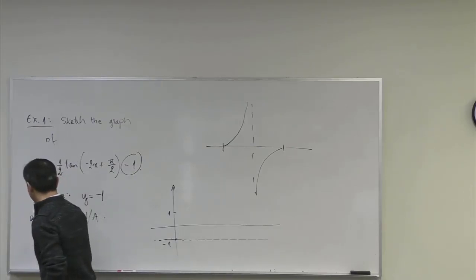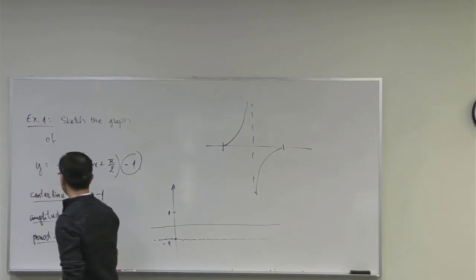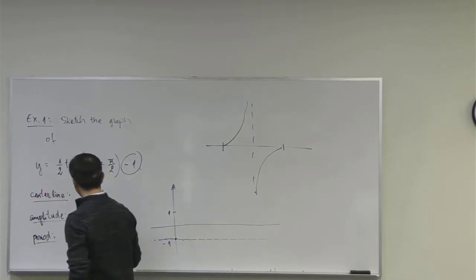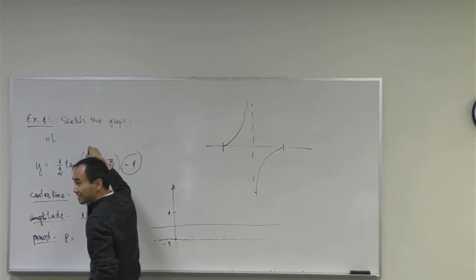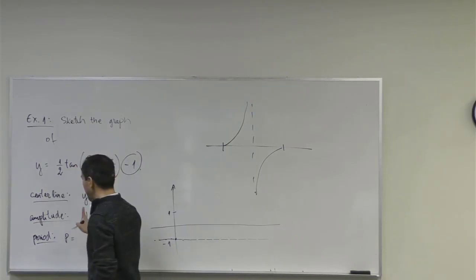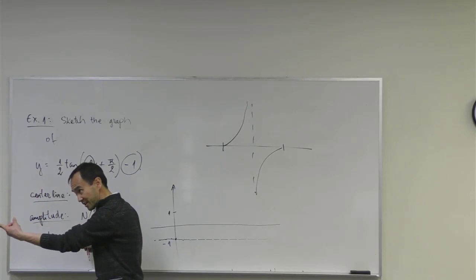Now we've got the period. Same rule with the trig function: that coefficient in front of the x, inside of your function right there. The standard period for the ordinary tangent is pi. When I say standard period, I mean the period for the usual, ordinary tangent, right? It's pi.